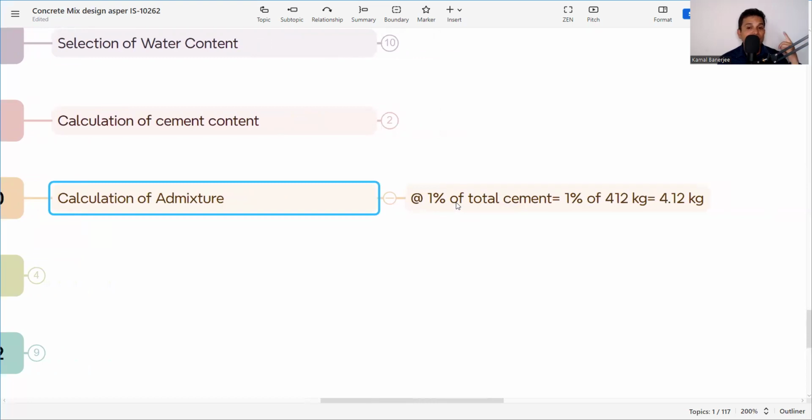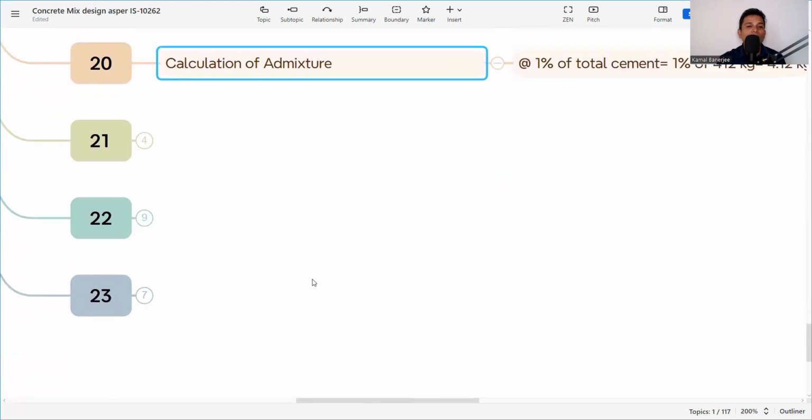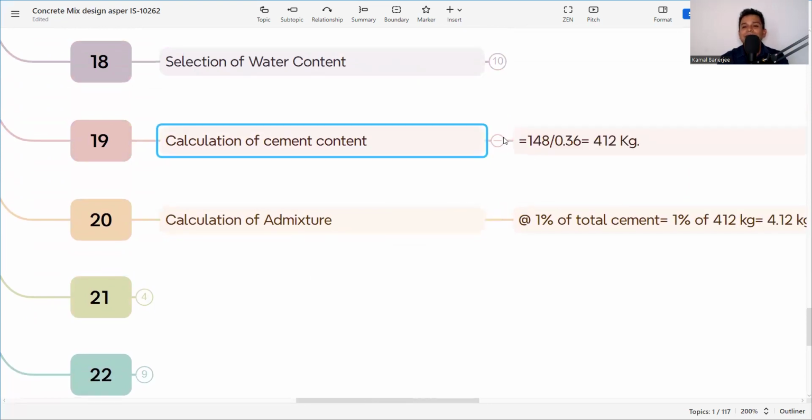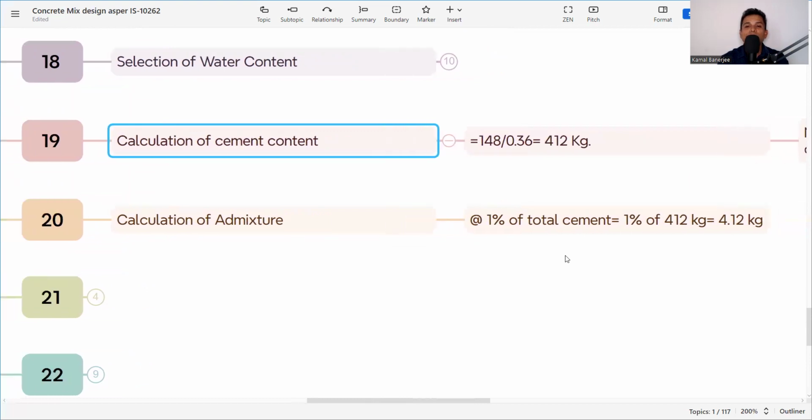So how much will it be? 1% of 412 kg is 4.12 kg. So admixture is 4.12 kg. So what we find out immediately is water 148 kg, cement 412 kg, and admixture 4.12 kg.